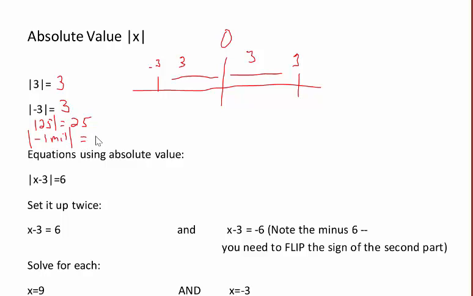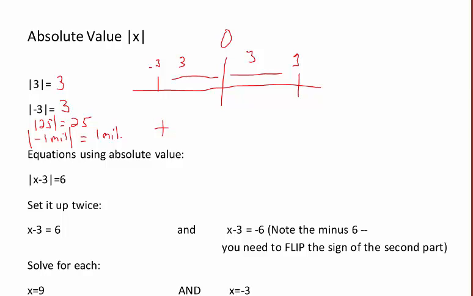It's simply the distance on the number line from minus a million to 0, which is 1 million. Now you'll probably notice here that the absolute value of something is always going to be positive. And why is that? Because you can't have a negative distance, can you? It's got to be positive. Okay, that's the concept of absolute value.